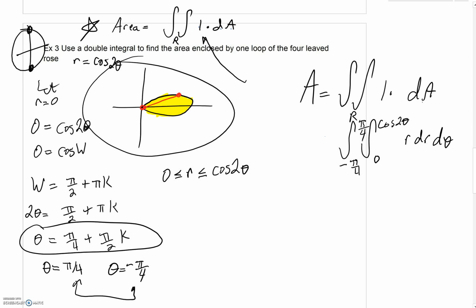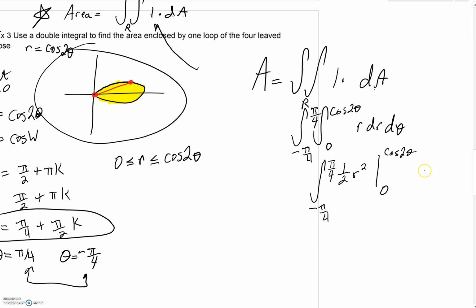And now we can go ahead and actually proceed with our integral. Antiderivative of r with respect to r would be 1/2 r squared. And then, of course, we will use our fundamental theorem here. We'll have to finish that inner working using that fundamental theorem, plugging in cosine of 2 theta.